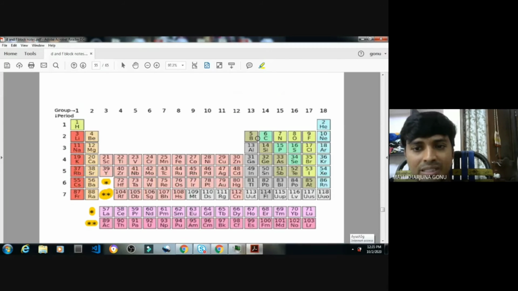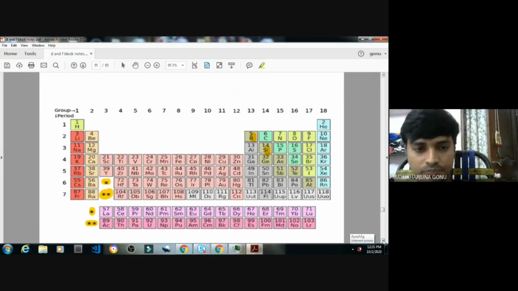For example, boron, silicon, germanium are given separately because these are the metalloids. Likewise, these are the metals, the alkali metals, the alkaline earth metals, the noble gases. Different colors are given, no? The same is for identification. These double stars are given for identification purposes.